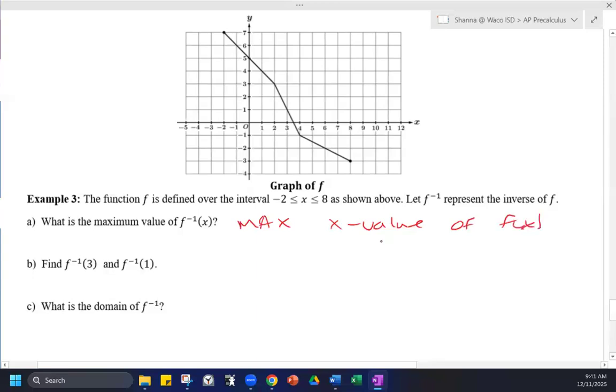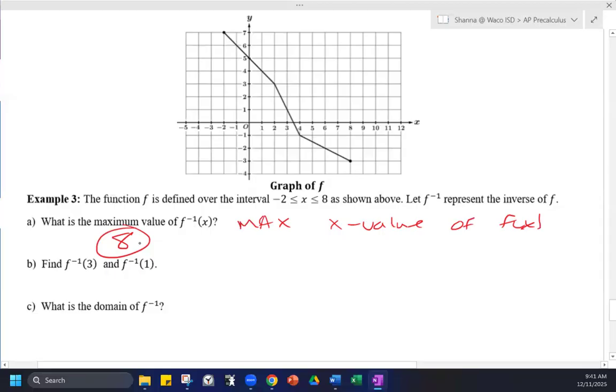So what is our current max value of f of x? 8. So our max value of our inverse would be 8. Does that make sense? X's and Y's are switching when you're doing the inverse. But if all I have is my original, I have to think about it in terms of that.